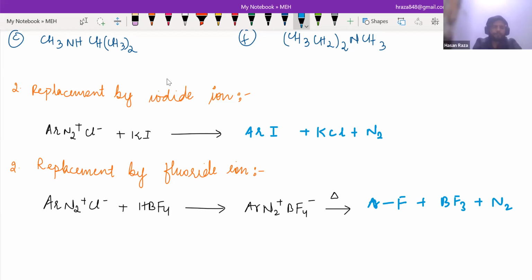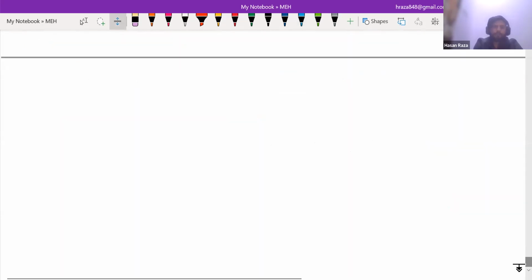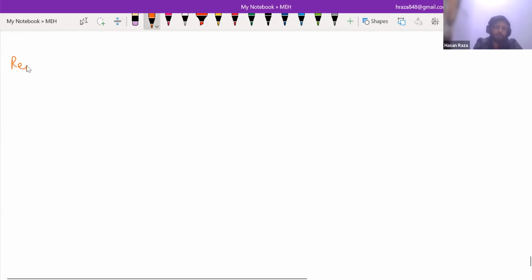Now, the next is replacement by hydrogen. That means you are going to prepare benzene. You see how we are going to replace it with hydrogen.